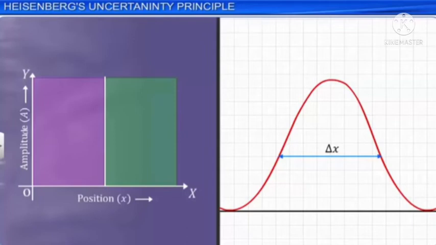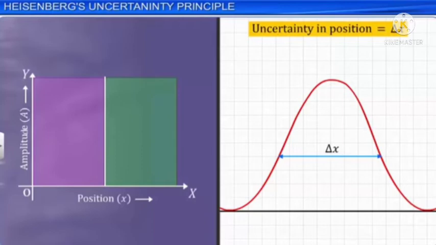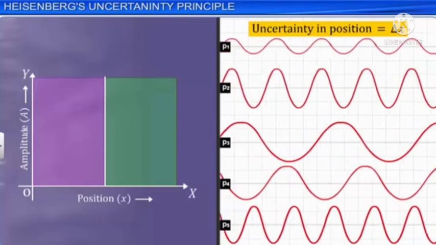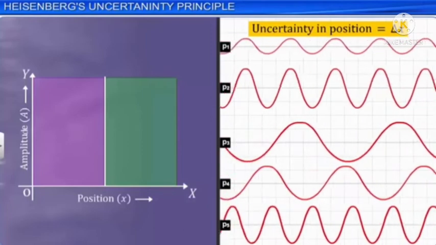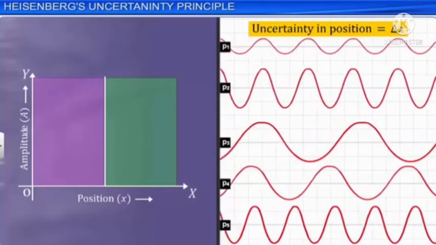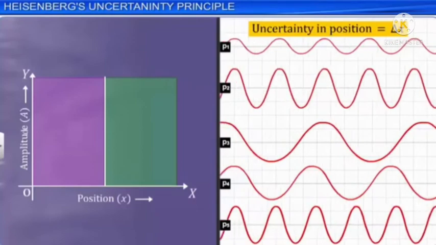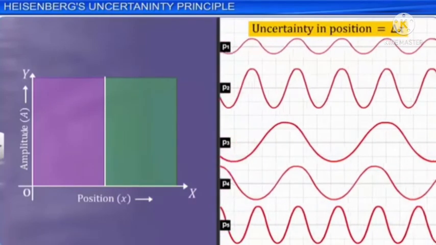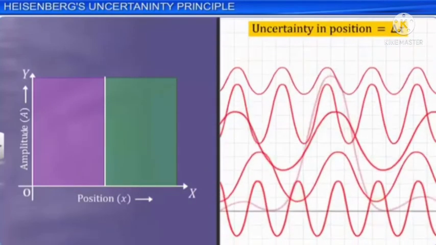Thus, for a finite uncertainty in the position delta x, we see that the wave function is built up of several wavelengths spread around the central wavelength. If we now look at the superimposition of an increased number of wave functions representing various components of different momentums of the particle, then the superposed wave function has a peak sharper than before.